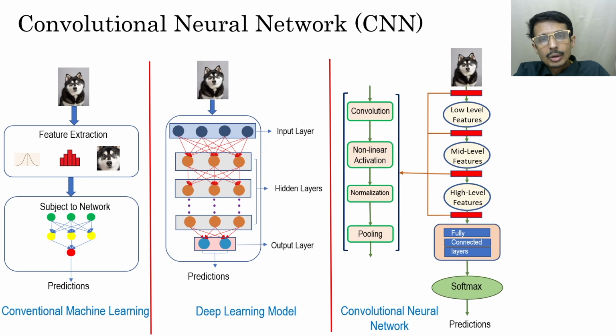Now we are going to understand the difference between conventional machine learning and deep learning, and as an example of deep learning, the convolutional neural network. Now in conventional machine learning, we can observe that there are two main modules.